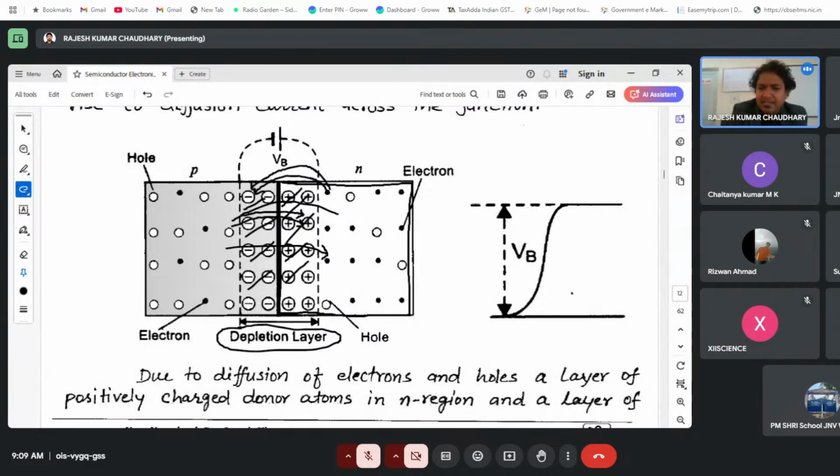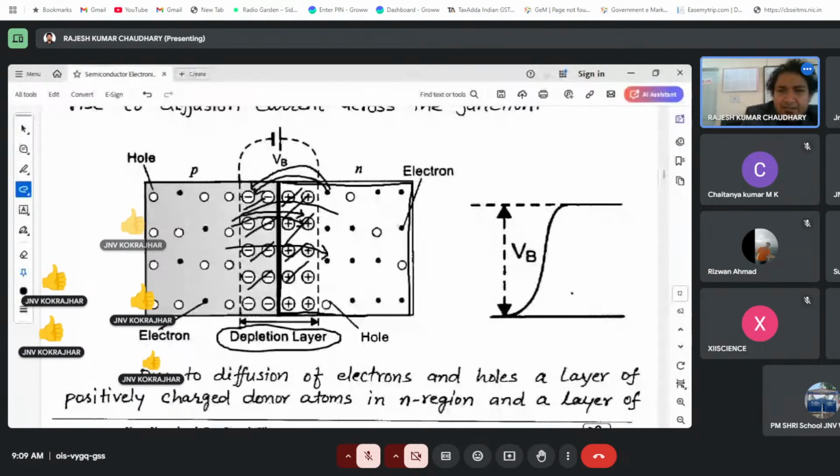So here electrons moved from here to here, filling the holes. So now there are no free electrons remaining here, and the holes that were free earlier were filled by electrons, making it a complete atom. Making it what? A complete atom.